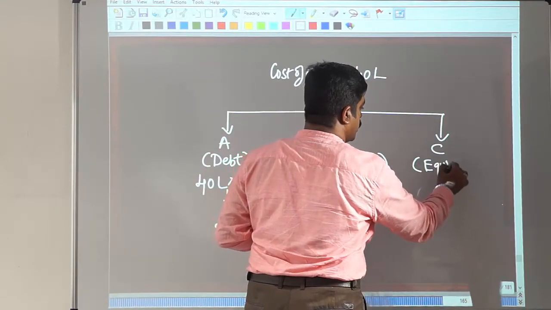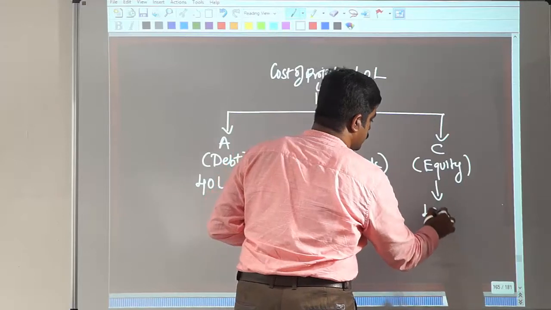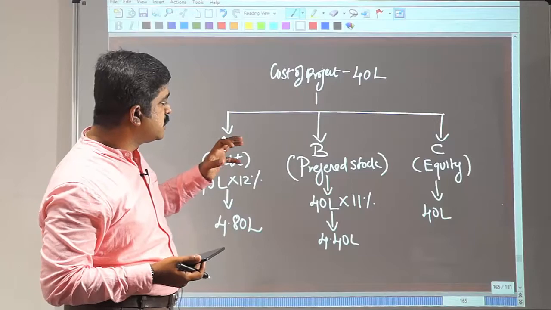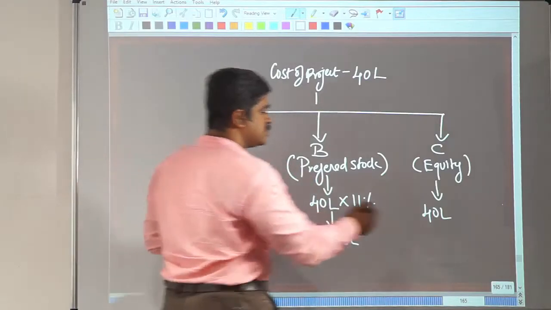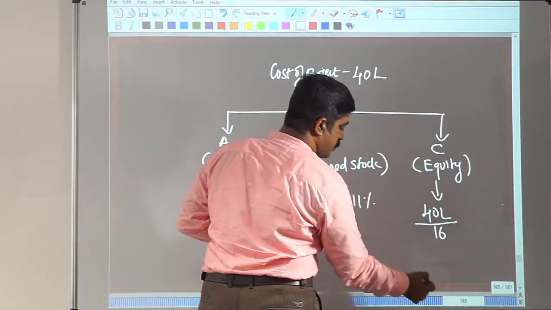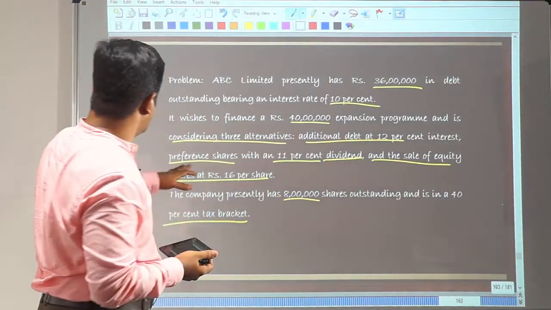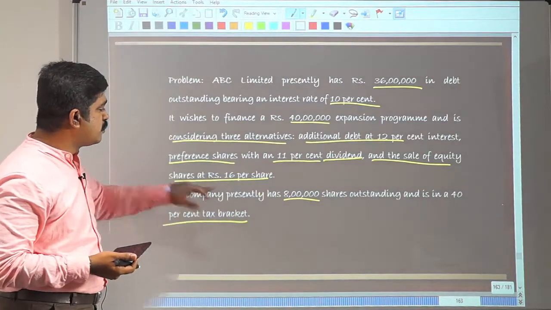And if they go for the third option, alternative C, they have to go for exclusive equity, in which case the entire 40 lakh has to be raised in the form of equity. But when we talk about equity, what is going to concern us? The number of shares. At what price are they going to raise this equity? It is 40 lakh divided by 16 per share, because we have the information here: the equity shares are going to be at rupees 16.